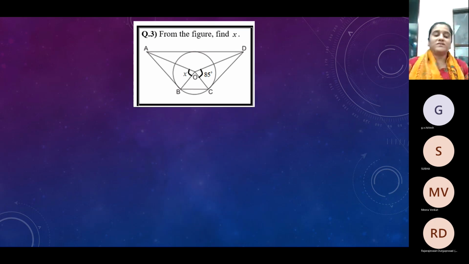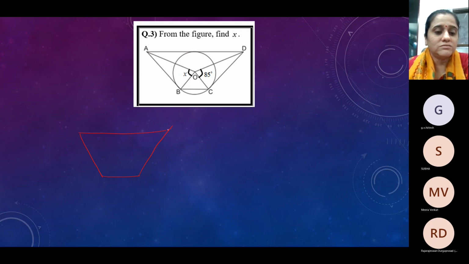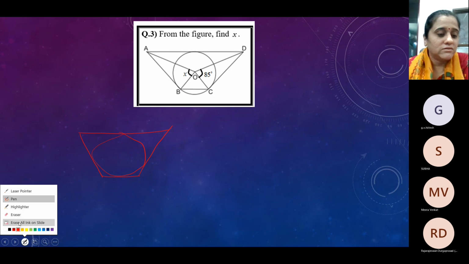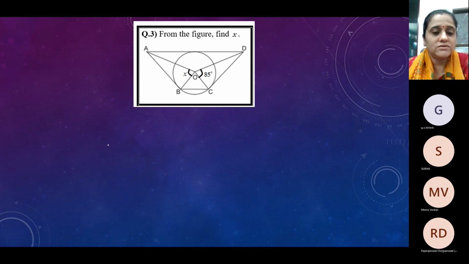Please take the figure like this. I just noticed that. The figure is something like this, children. I'll just change the figure and send the slide later. I'm talking about a figure like this.